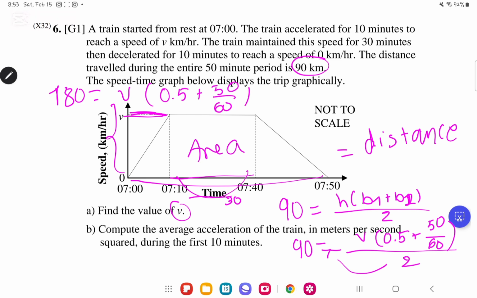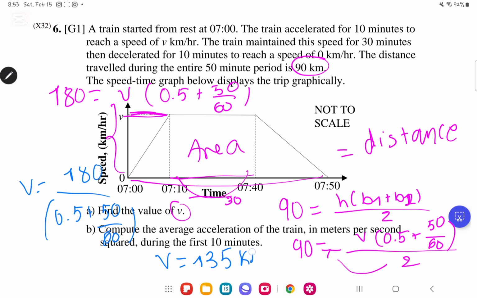Then you can get that velocity v is equal to 180 divided by 0.5 plus 50 over 60. So if you put it on your calculator, 180 divided by 0.5 plus 50 over 60, you are going to get that the value of v is equal to 135 kilometers per hour.